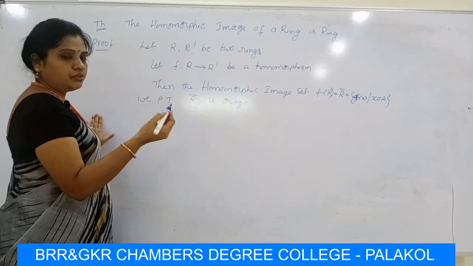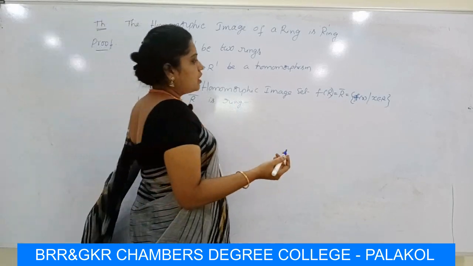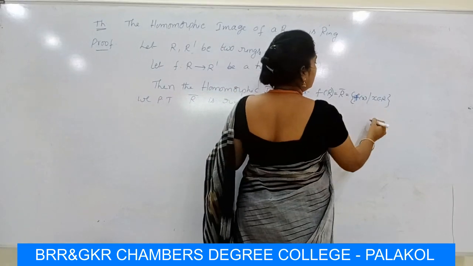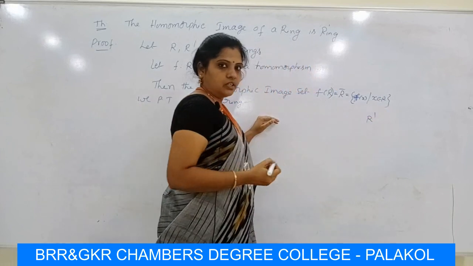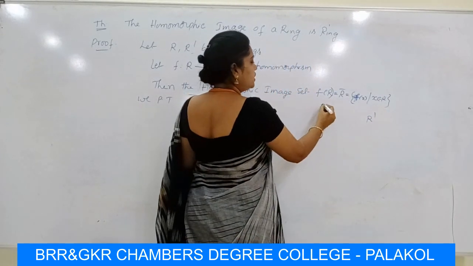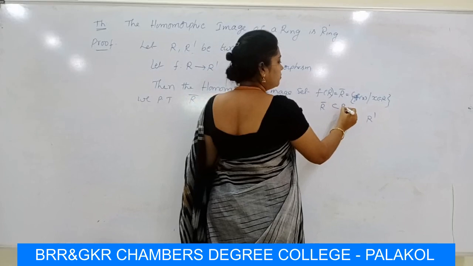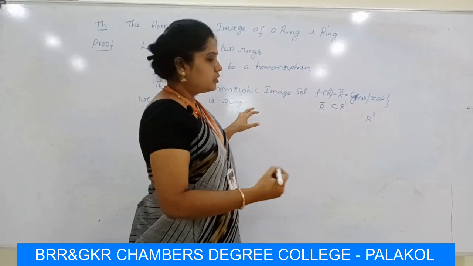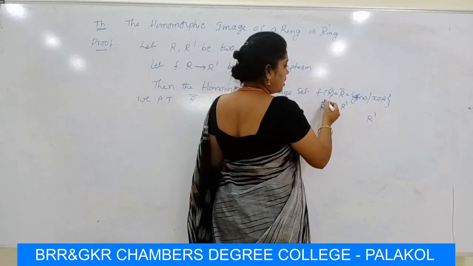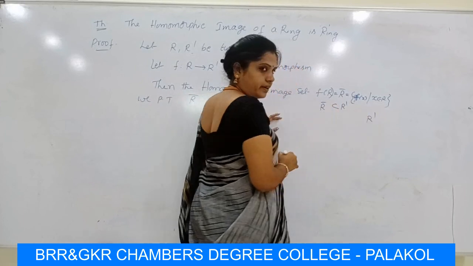So it is enough to show that R bar is a subring of R dash, because R bar is obviously a subset of R dash. So we have to prove R bar is a subring of R dash.